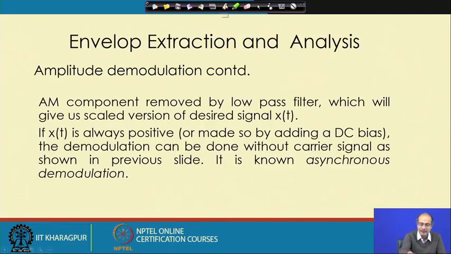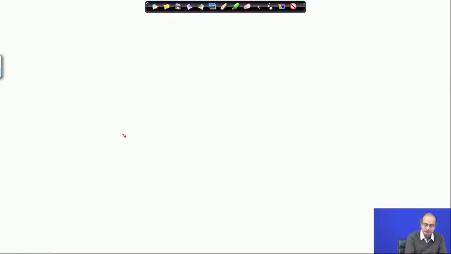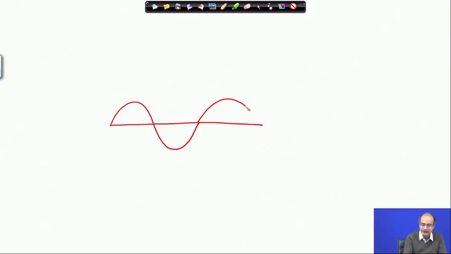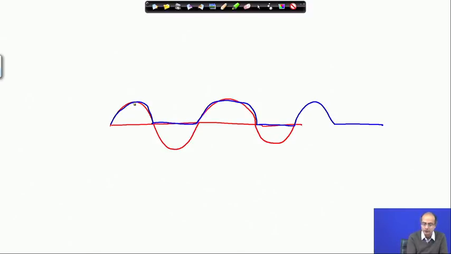Let us take, say, a sinusoid, just for the purpose of illustration. If we have a sinusoid and take half wave filtering, we would get signals like this, and this is the output. If it is modulated, what would we try to get? We would try to get this line actually.